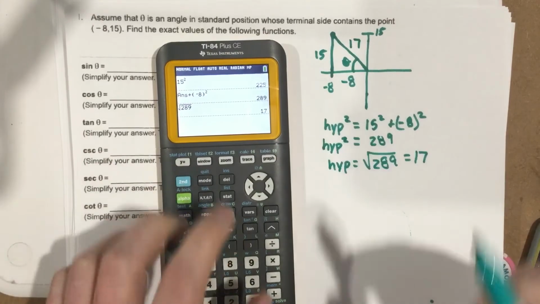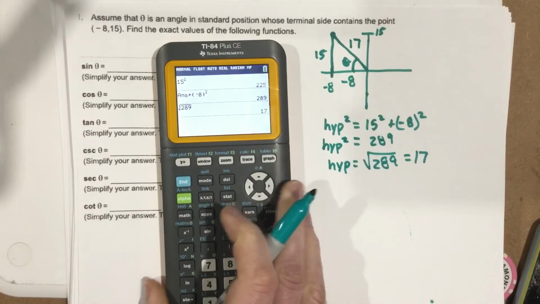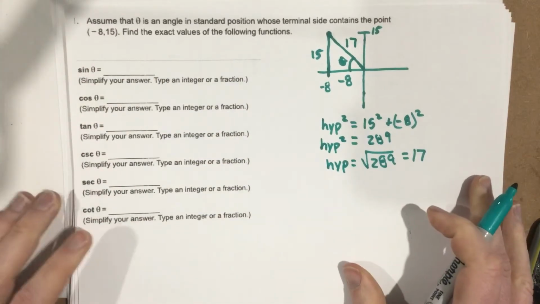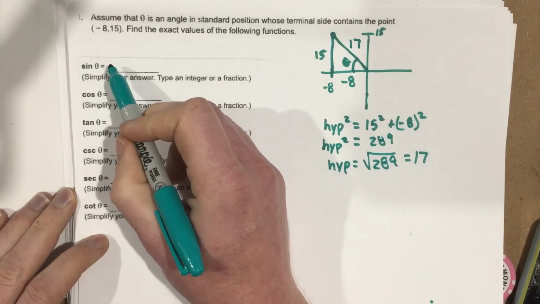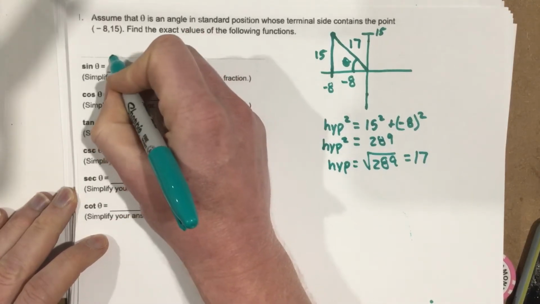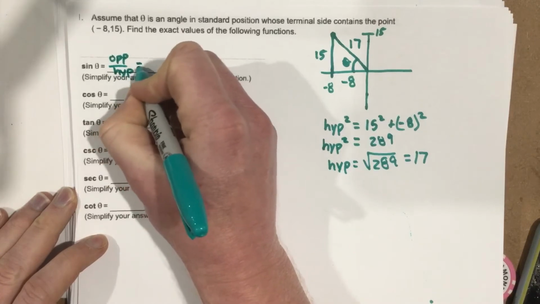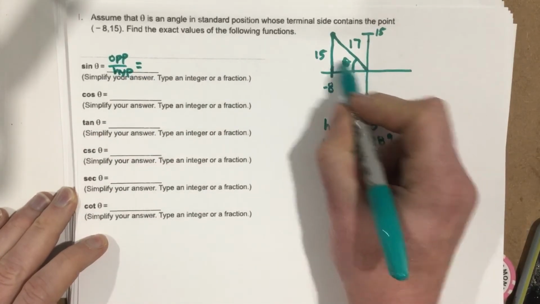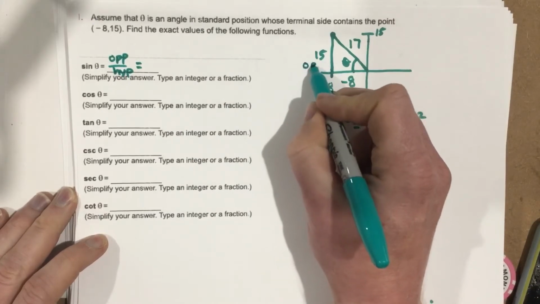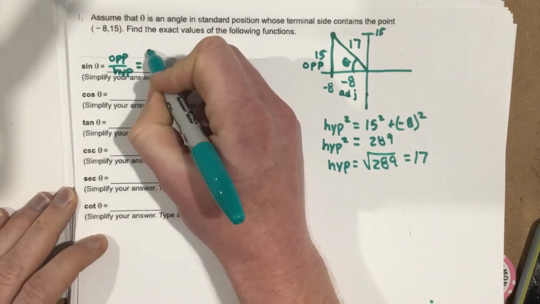Now once I have this triangle, it makes all of these very easy to come up with. So first of all, we know that sine is opposite over hypotenuse, which in our case, opposite would be 15, right? This is the opposite side, this is the adjacent side. So that'd be 15 over 17.